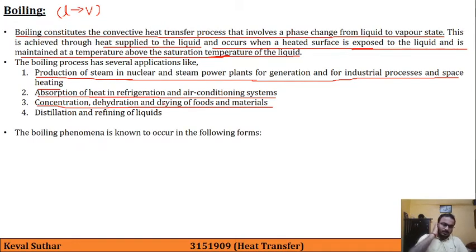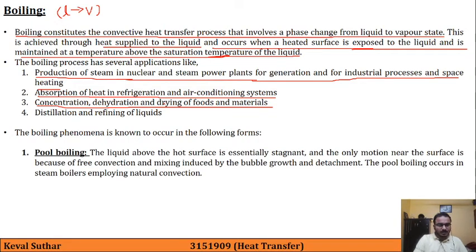Now the boiling phenomena can occur in different forms. Let's see them one by one. First is known as pool boiling. Here the liquid above the hot surface is essentially stagnant.